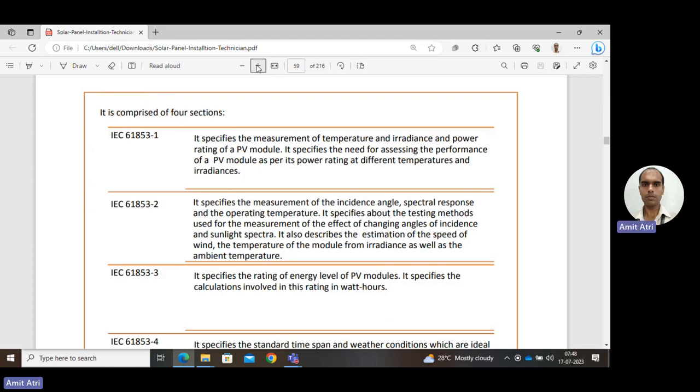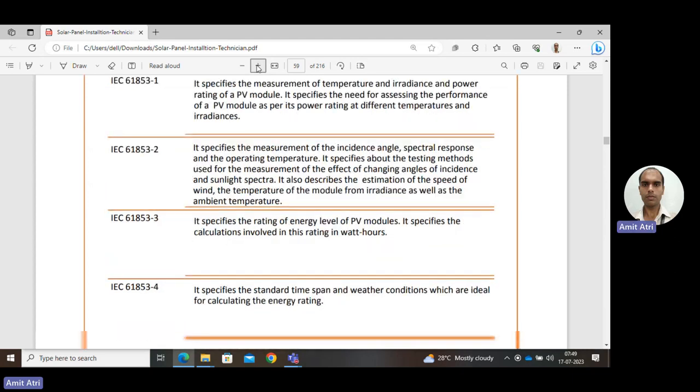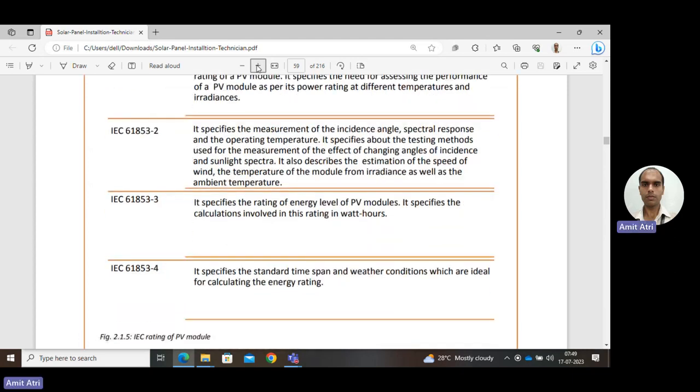It also describes the estimation of module temperature from irradiance, wind speed, and ambient temperature. The third section specifies the rating of energy level of PV modules, including the calculation involved in this rating in watt hour, which relates to power and energy. The fourth section specifies the standard time span and weather conditions which are ideal for calculating the energy rating.